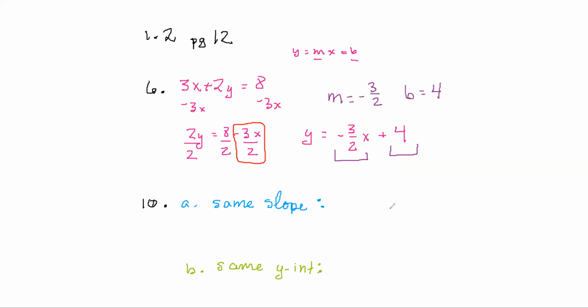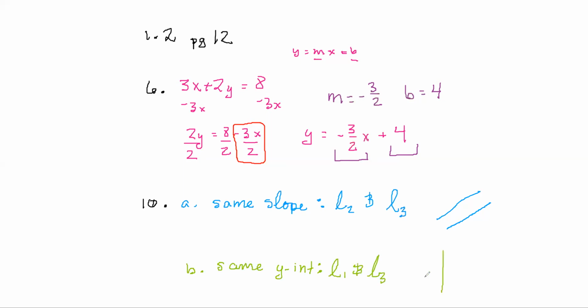So for the same slope, that's L2 and L3, and that's correct. These lines are parallel to one another, so they're not going to ever intersect because they're both increasing at the same rate, essentially. And for part B, we have a vote for L1 and L3, again, which is correct.